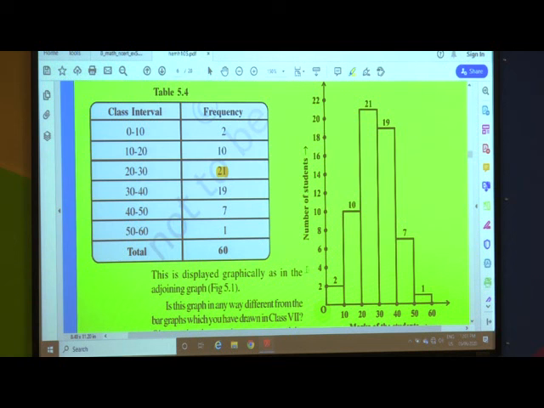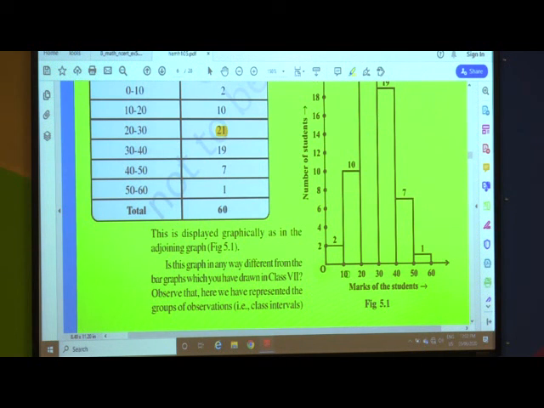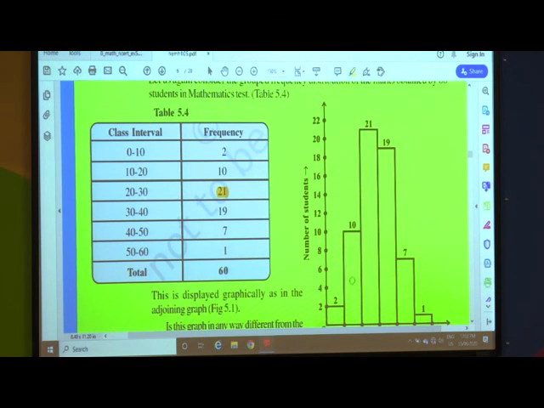But here the bars are next to each other, 0 to 10, 10 to 20, because the classes are being grouped. The same is represented here: 0 to 10, 10 to 20, 20 to 30, 30 to 40, 40 to 50 and 50 to 60. The values written on top of the bars are the frequencies.